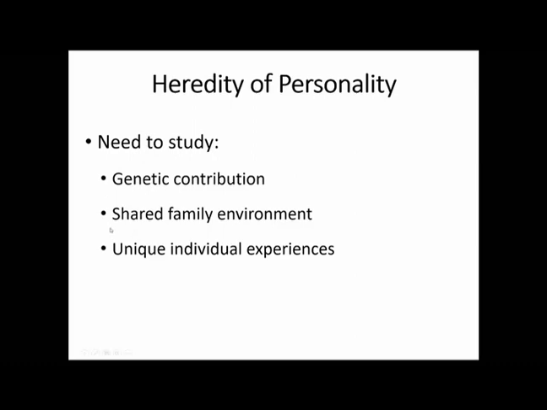And so we're going to call this other category the unique individual experience. And that's how the textbook refers to it. So we can talk about our genetic contribution, the stuff we're getting from our genes. We can talk about our shared family environment, so that's your environmental contribution. And then these unique individual experiences are basically the catch-all term for other stuff that's going on.